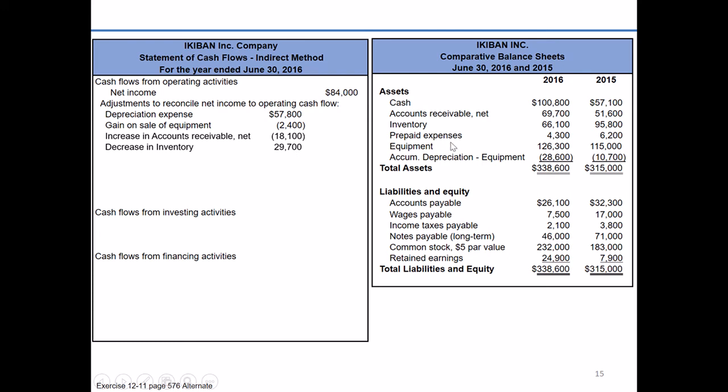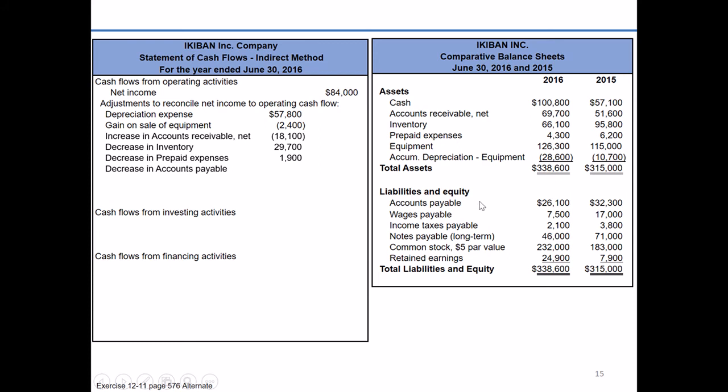Our next item is going to be prepaid expenses. That's also a current asset. It also is going to decline from $6,200 in 2015 to $4,300 in 2016. That's a $1,900 decrease. Decreases in current assets are shown as an increase in our operating cash flow. So that's going to be all of our current assets because equipment, remember, is going to be a long-term asset.